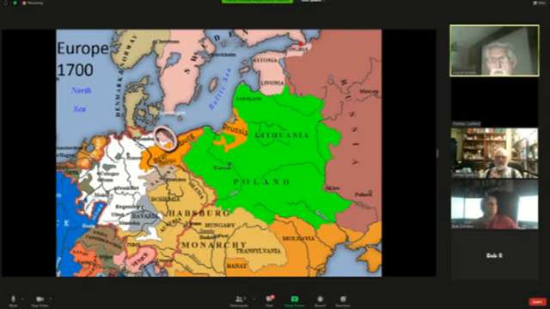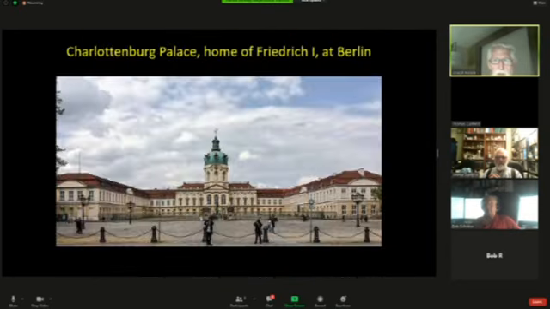And so he shifted the capital from Moscow to this newly built city, which was built on marshland that had to be reclaimed. So canals were dug, land was drained, and he built his new capital there.